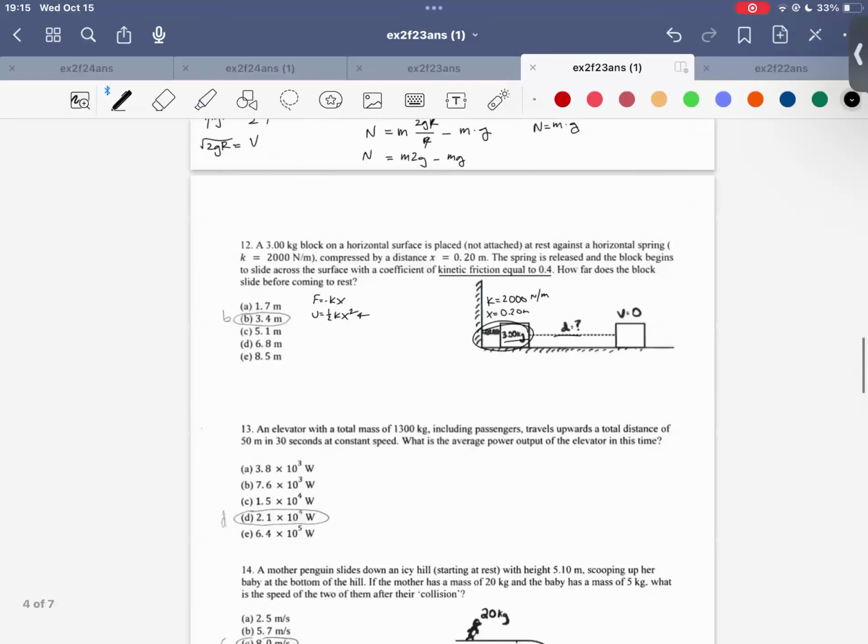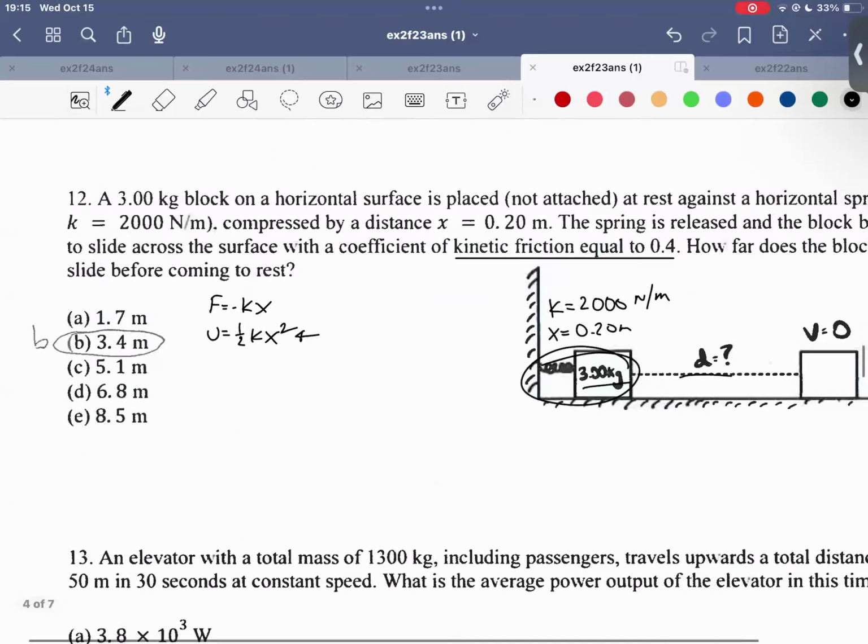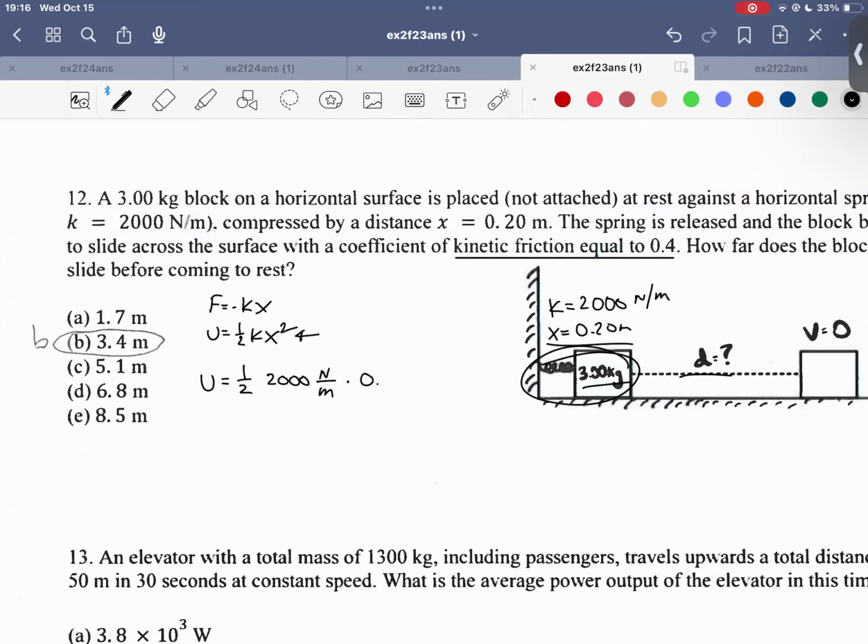Solving, we have U is equal to 1/2 times 2000 Newton meters times x squared, which is this 0.20 meters quantity squared. And so when we solve, we get 40 joules.